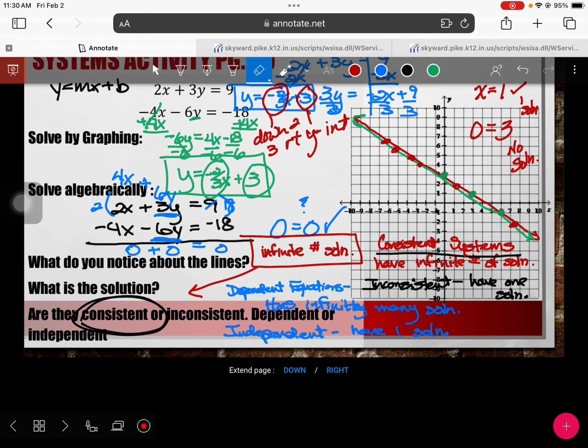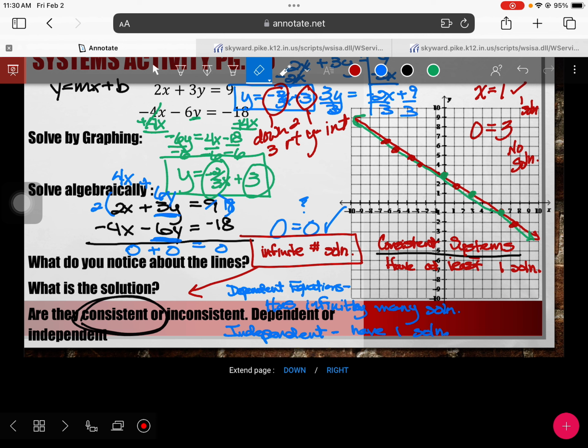So I was totally wrong on that one. It's just not something that's in my wheelhouse, and I apologize. Consistent systems have at least one solution. Okay? They have at least one. And erase, don't worry about the inconsistent. Thanks for screwing that all up, Miss Sadie. You're welcome. Shows that I'm human too.